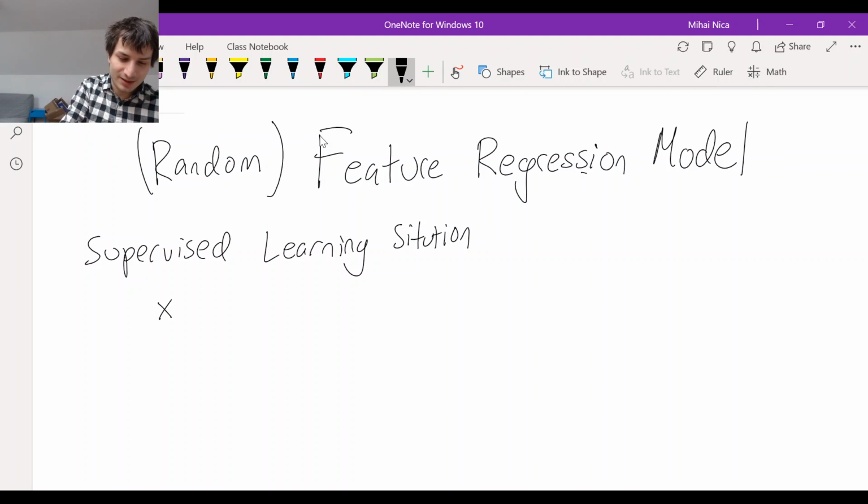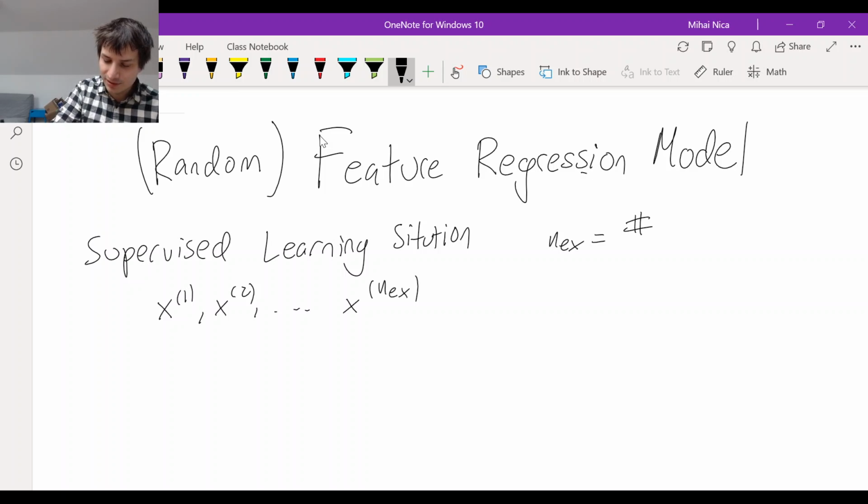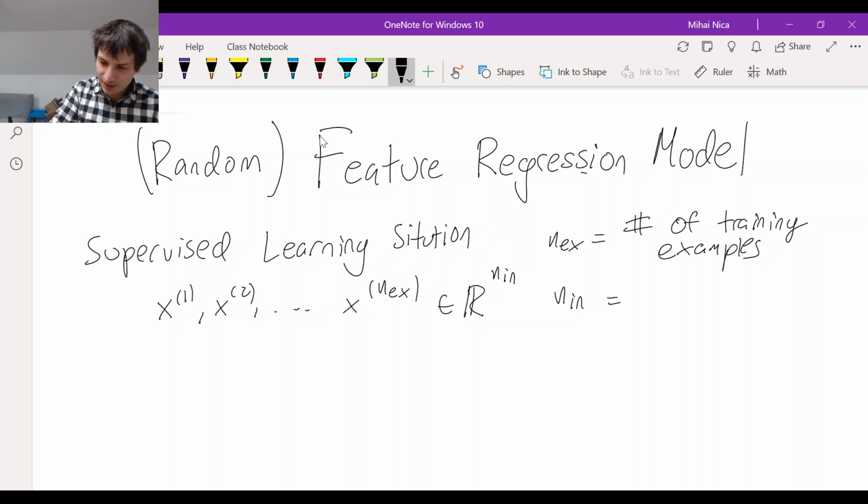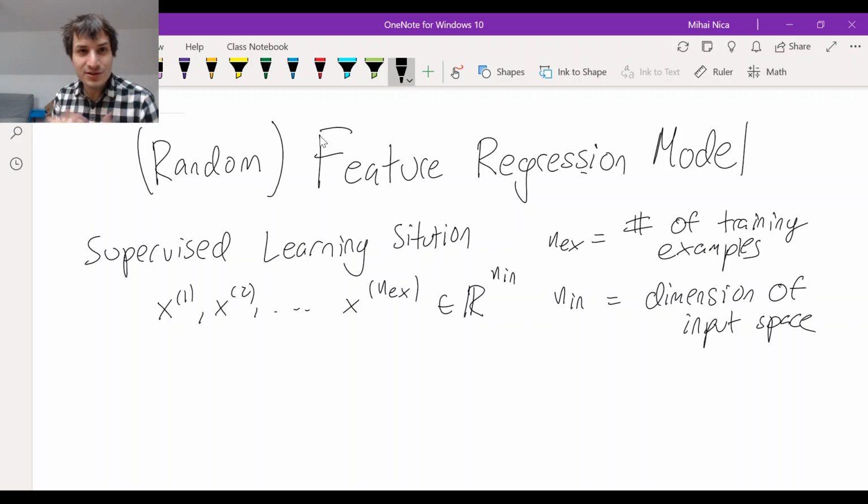So we have x1, x2, all the way up to x_nx, where nx is going to be the number of training examples. And these are all going to be vectors in some input space R^n_in, and n_in is going to be the dimension of the input space. So you can imagine these are pictures or something.